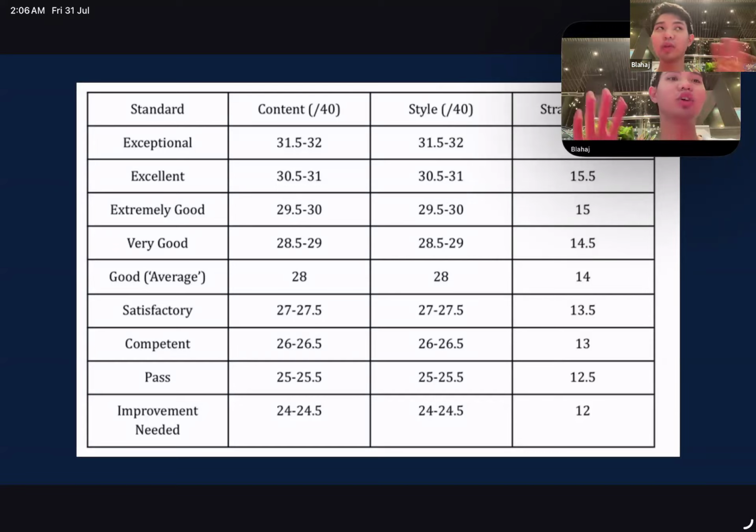And lastly, 20% is for strategy, your general approach on how you're going to debate the motion itself.